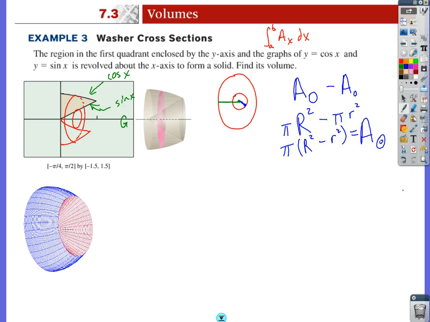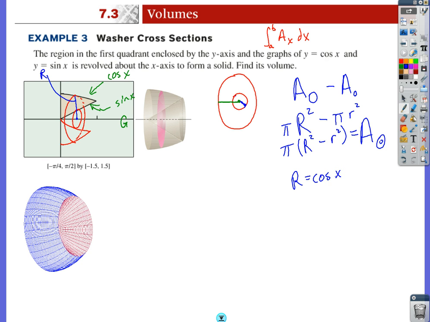But what is my big R and what is my little r in this case? Well, let's go back. I always start at the center of my axis, or where it's being rotated, and I go to the top of my big circle. This will be big R. Well, what is that if I go from the x-axis to the top? It's a function, but what function is that? Cosine of x. So in this case, big R is going to be cosine of x.